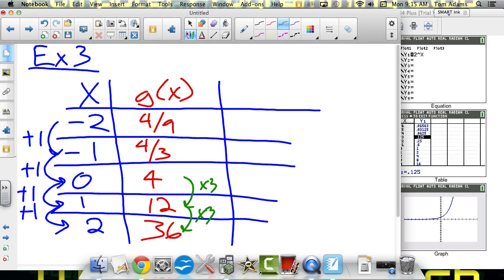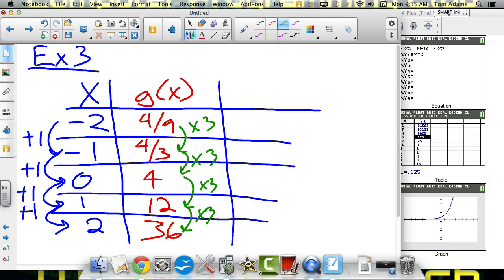And so what we want to do is just verify and make sure that that works for every one of those. Okay? So now, if I take 4/3 and I multiply it by 3, if I take 4/9 and I multiply it by 3, would it work? And the answer is yes. If I take 4/3 and multiply it by 3, will it work?